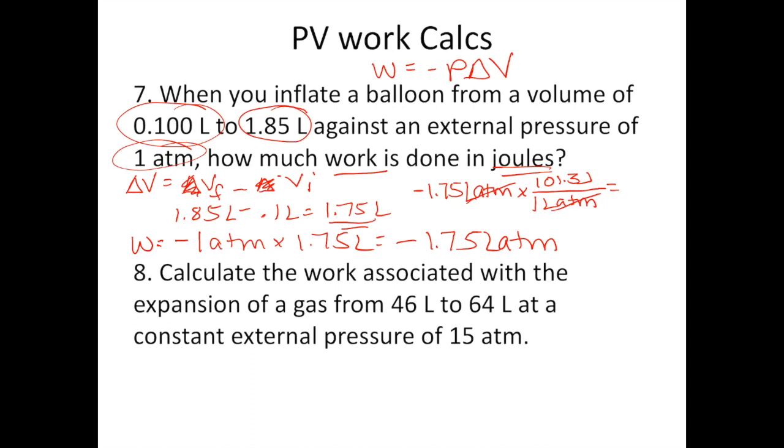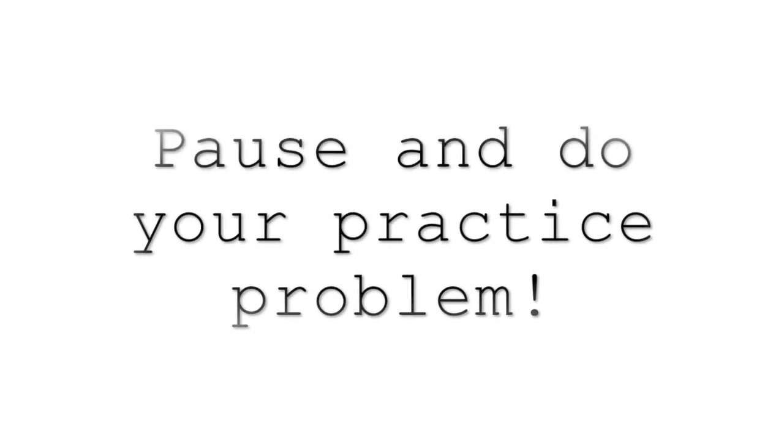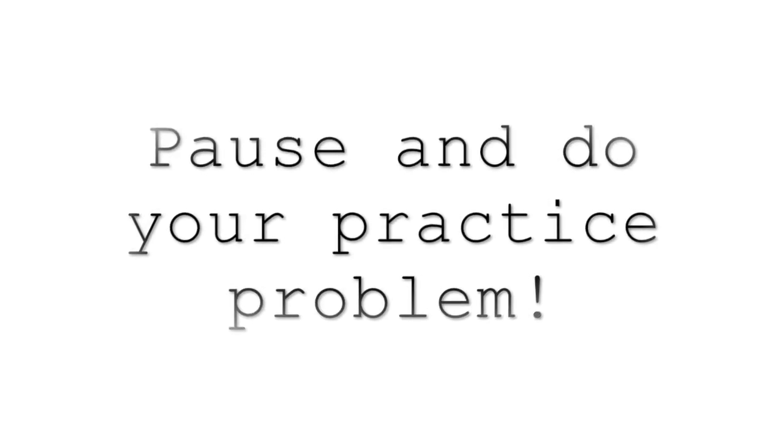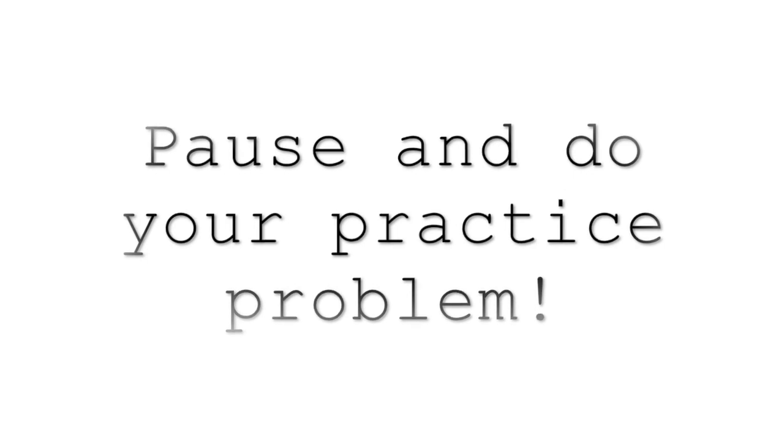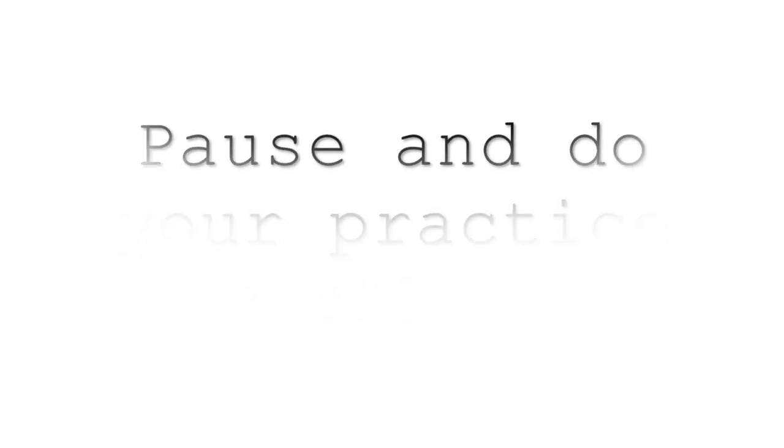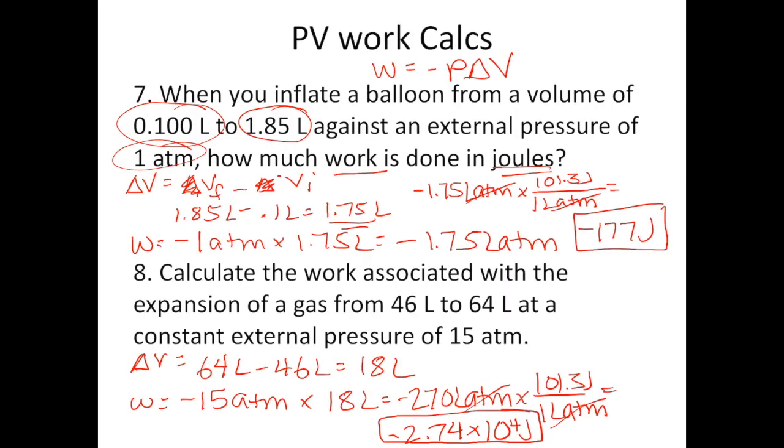And my final answer is negative 177 joules. Okay, there it is. I want you to pause and try number 8. There's the answer. Check, make sure it makes sense.